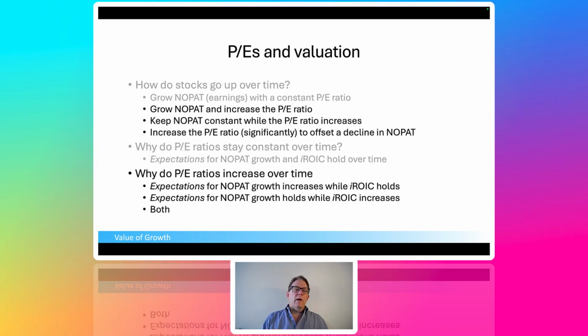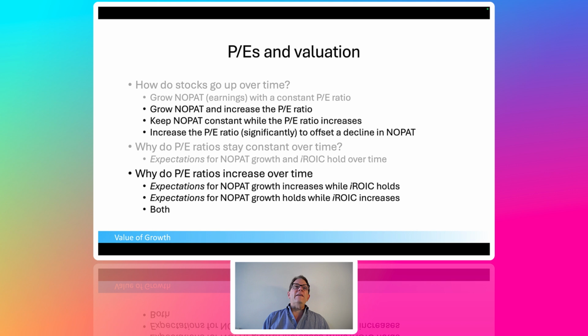All right, next one is changes really in PE, right? We grow NOPAT and increase the PE. So we have to ask the question of why do PE ratios expand? The second one is you keep NOPAT constant while the PE expands. And the third one is you increase the PE to offset a decline in NOPAT.